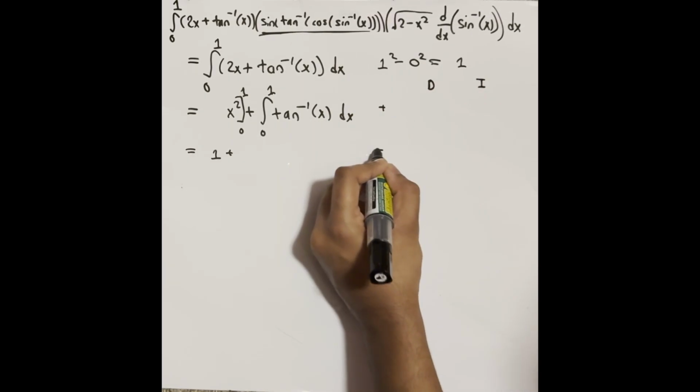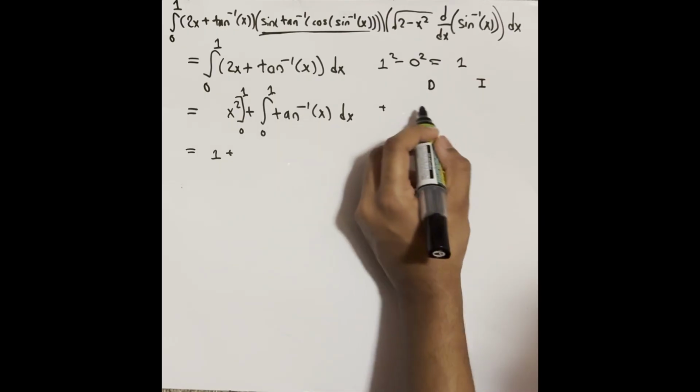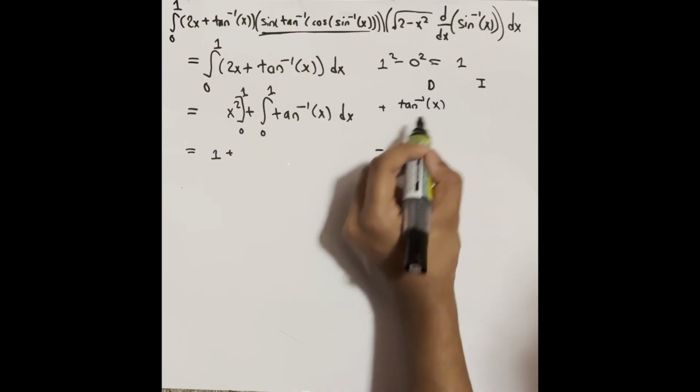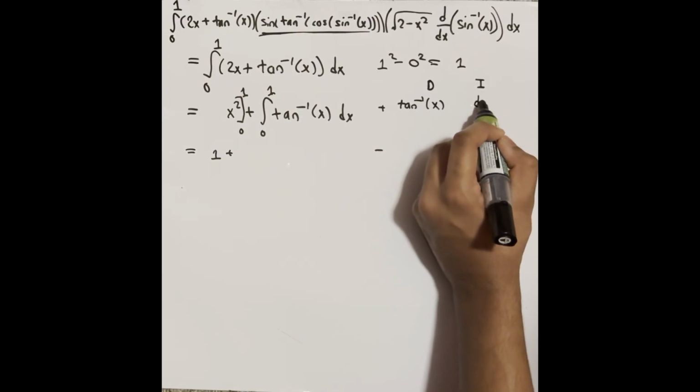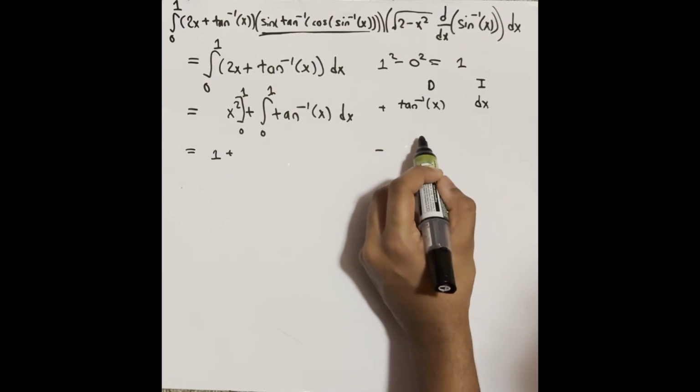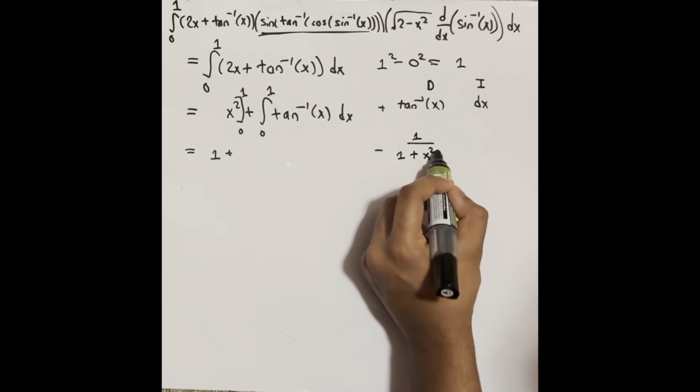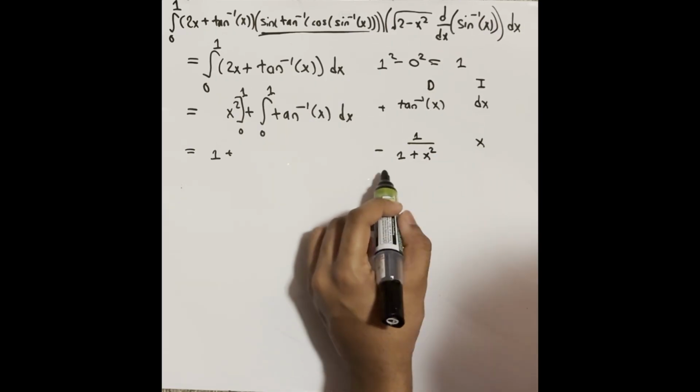For this, we're going to use integration by parts, and I'm going to use the tabular method for IBP. Set the D column to be inverse tangent of x and set the I column to be dx. In differentiating inverse tangent of x, we get 1 over 1 plus x squared. Integrating dx, we just get x.